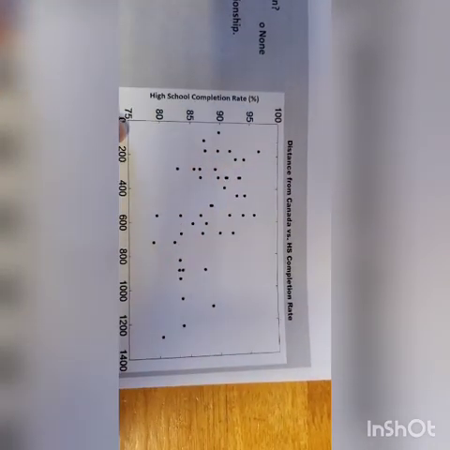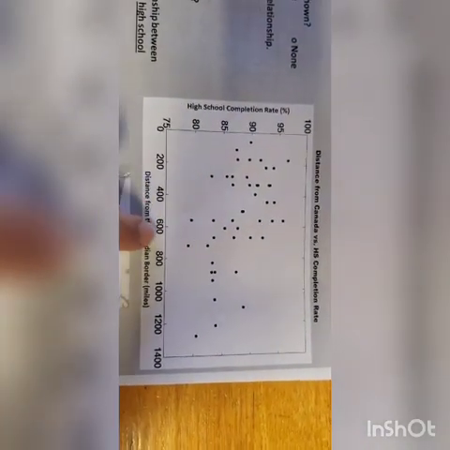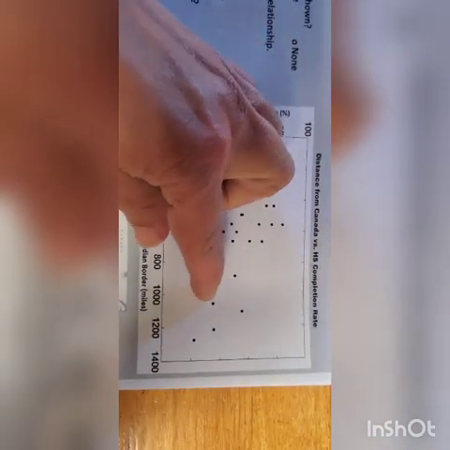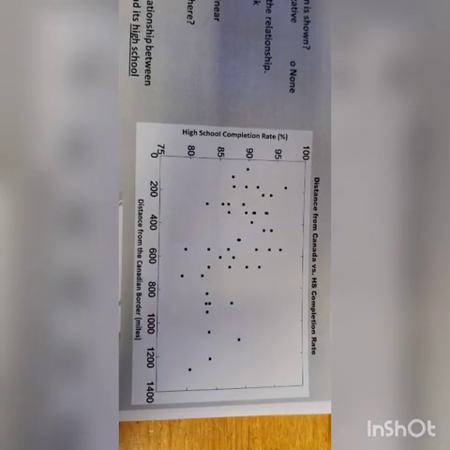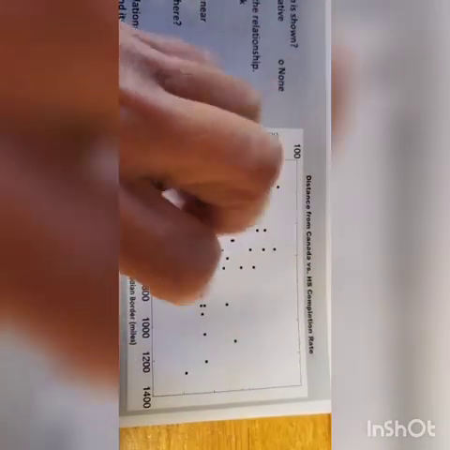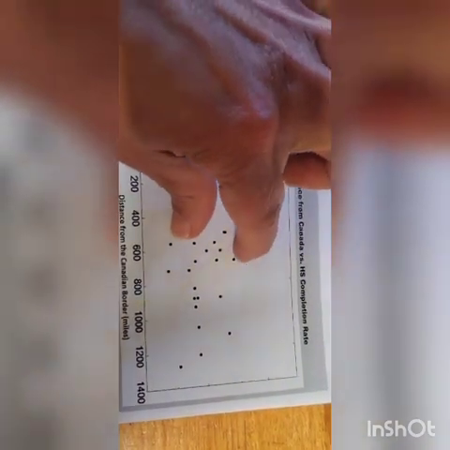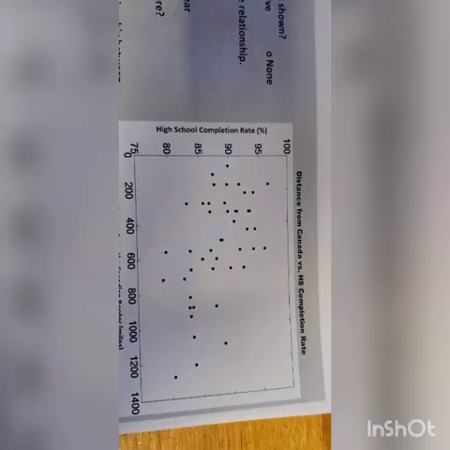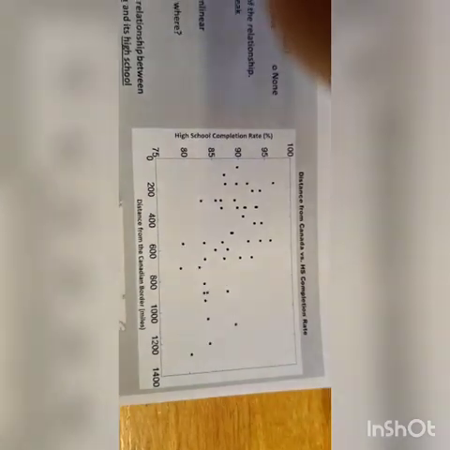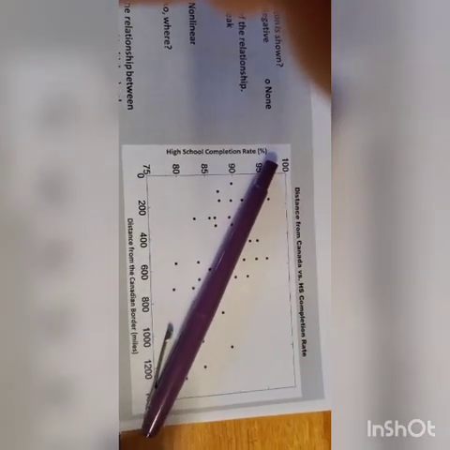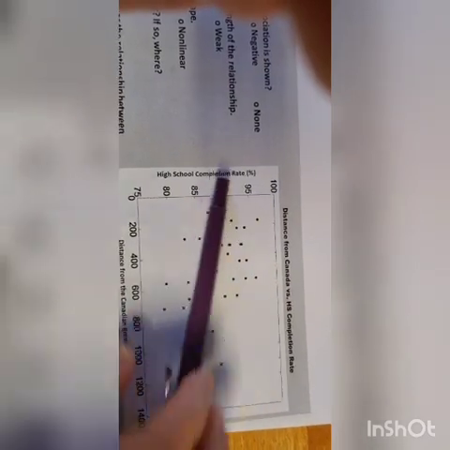But as we get farther and farther from the Canadian border, the high school completion rate seems to drop. Now, it's a pretty weak association. You can see how spread out these dots are, but we still can tell they start high and trend down low. So we do have a negative association.